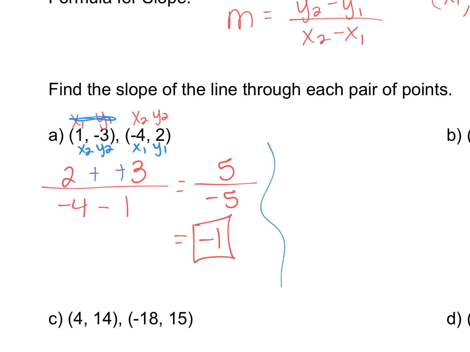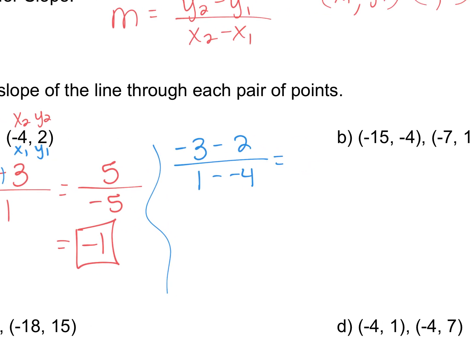Okay, so y2 minus y1 would be negative 3 minus 2, over your x2, which is 1 minus negative 4. So this would end up with, on top, negative 3 minus 2 is negative 5, over 1 minus negative 4, which would be plus positive, so over 5.